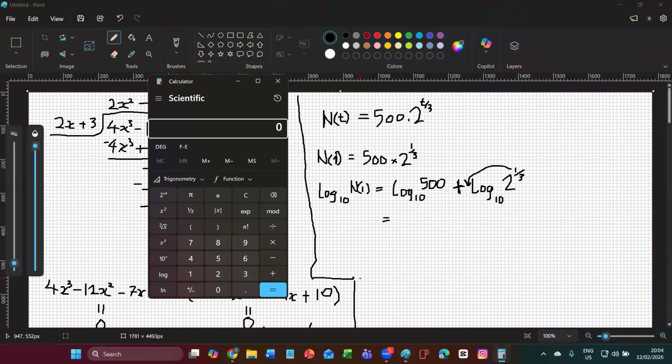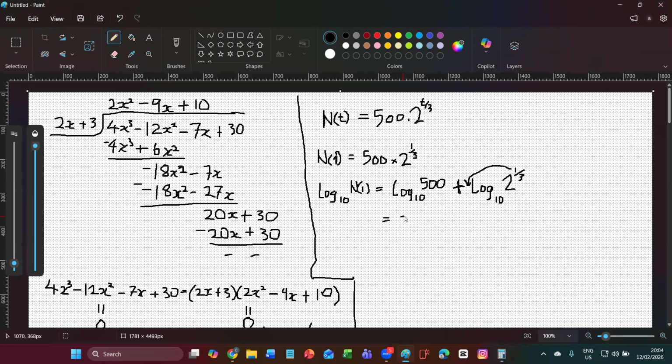So log of 500 is 2.6990, plus 1/3 times, I think I still remember, log 2 is 0.3010.